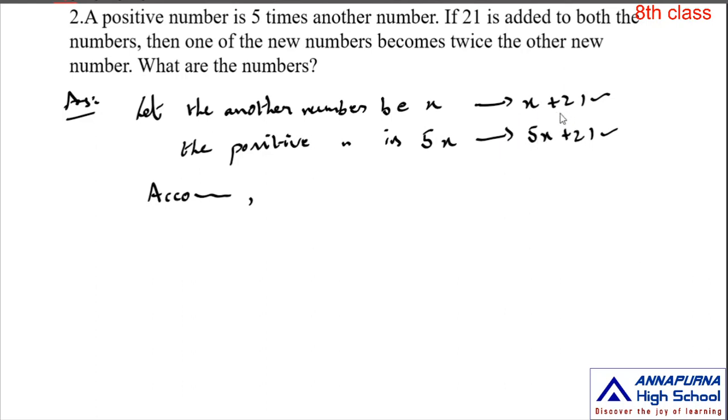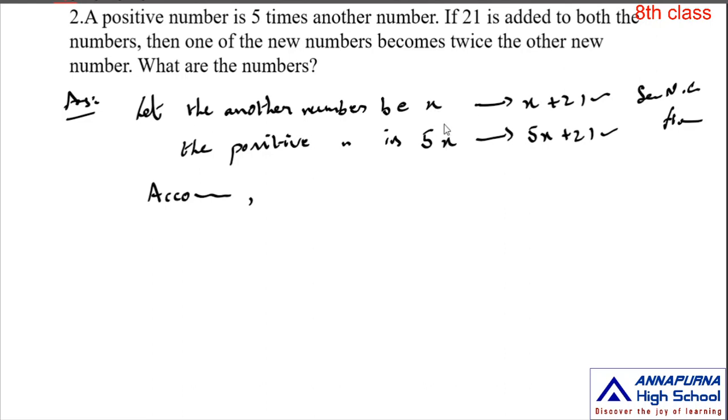Why? Because when you are comparing these two numbers, the second number is less than the first number. Why? Because the first number forms from the second number. The second number is x, that means the other number is x, then the positive number is 5x.